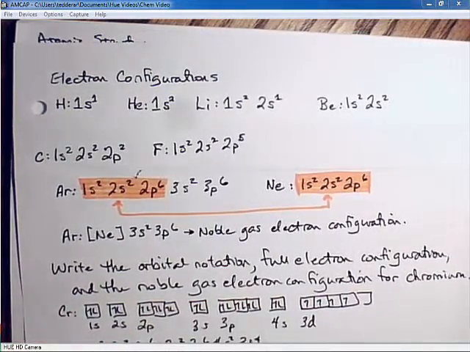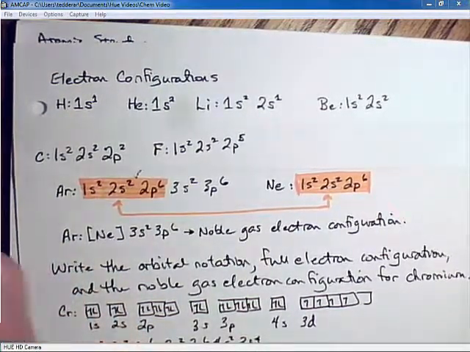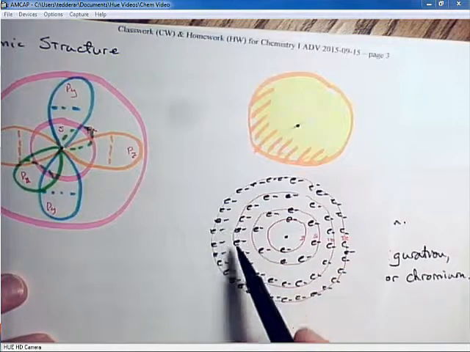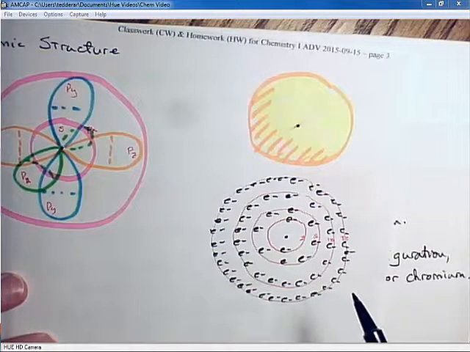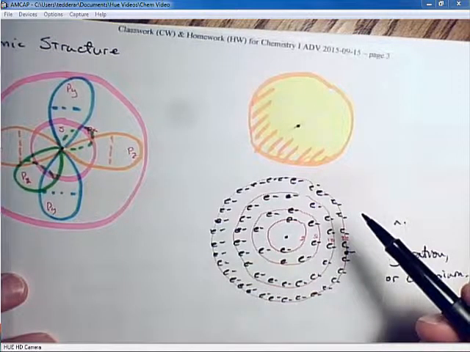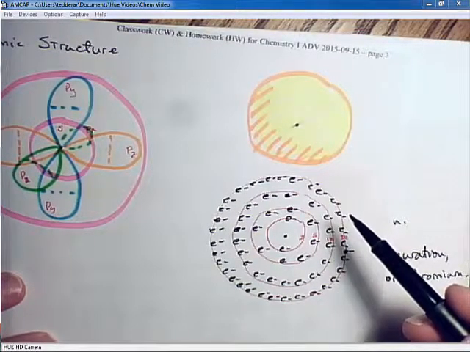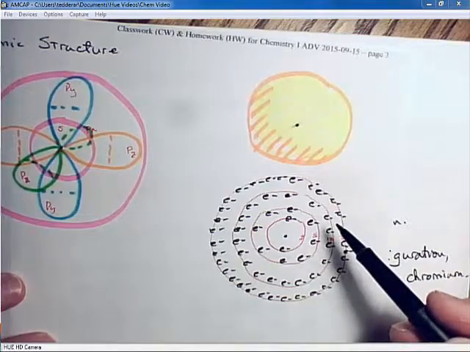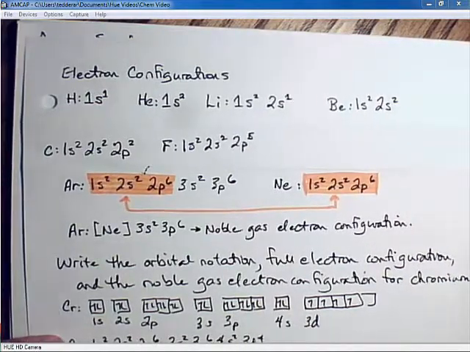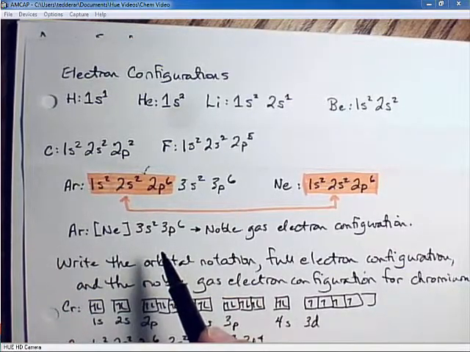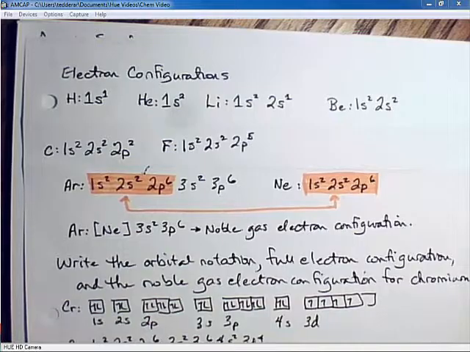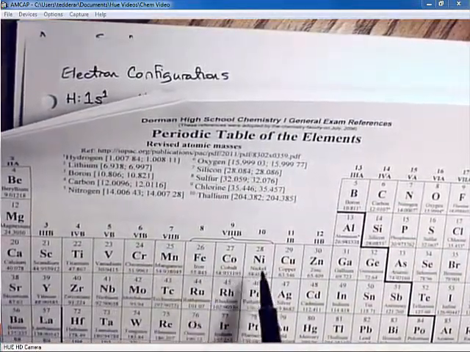The primary energy levels are the stuff you learned in physical science, those concentric rings. But when you're building up an electron configuration or orbital notation, there can only be 8 electrons in the highest energy level at any one time, and that's because when you get to the D sublevels, you have to drop back one level to put electrons in the D sublevels.